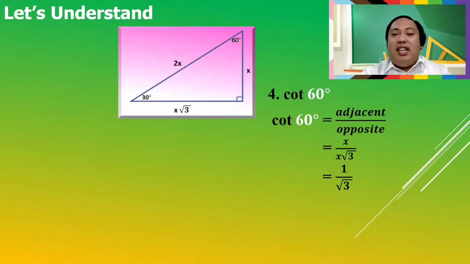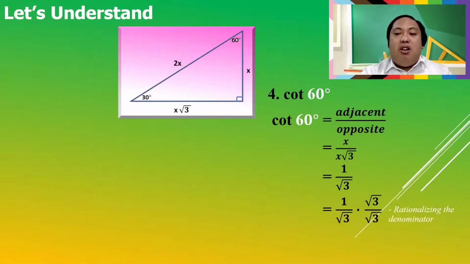Again, we have radical in the denominator, so we simplify. So we have 1 over square root of 3 times square root of 3 over square root of 3 by rationalizing the denominator. Then we have square root of 3 over 3. Hence, our cotangent 60 degrees is square root of 3 over 3.